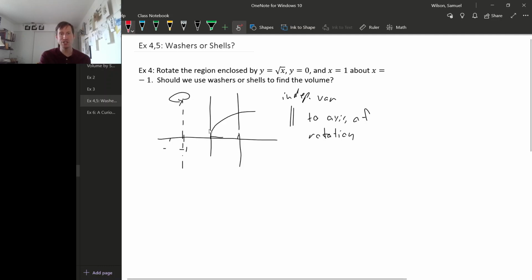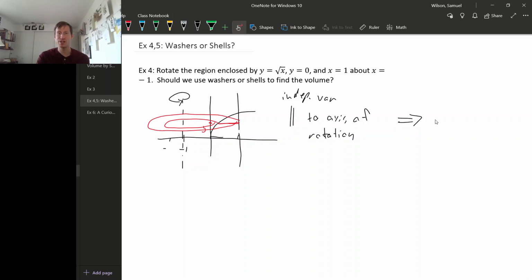So in this situation, the independent variable that's parallel to the axis of rotation, that's the y-axis. So if your independent variable is y, you get this cross-section for a y value. And then when you rotate this cross-section, what you get is a washer, like this. So if your independent variable is parallel to the axis of rotation, then you get washers.